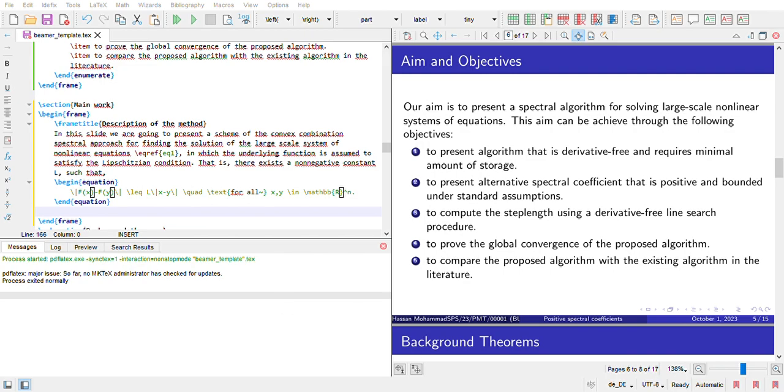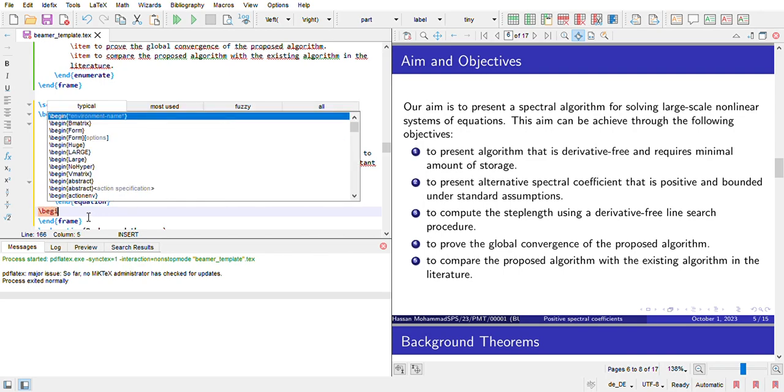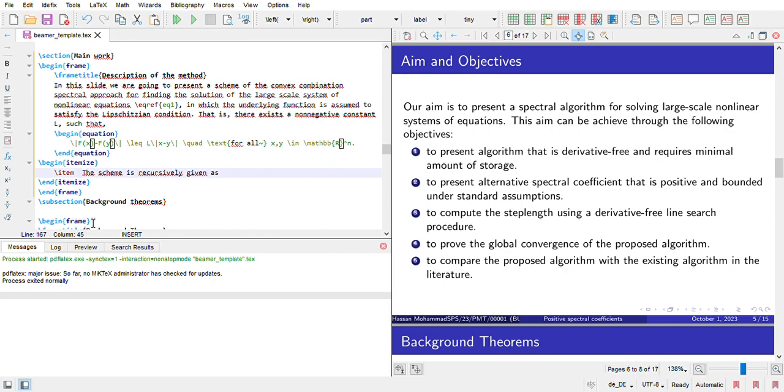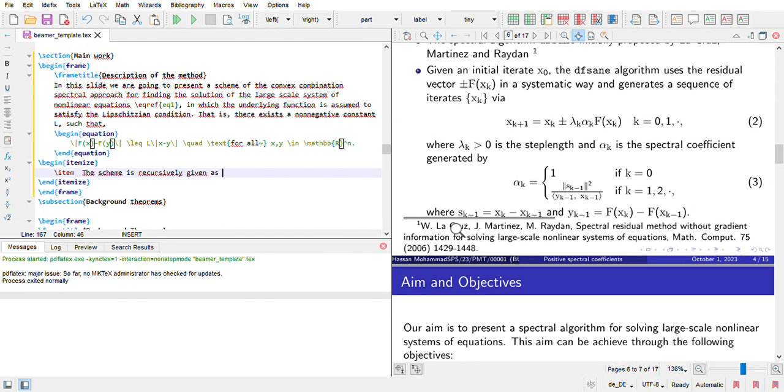So we can just say begin itemize, then item. We can start with saying that the scheme is recursively, or in other words iteratively, given as in one of the equations I wrote, that is equation 2.